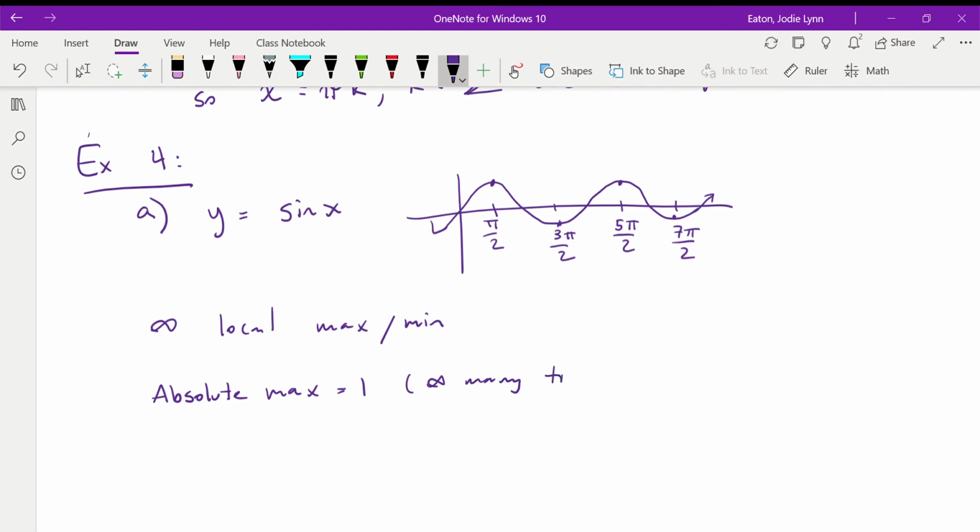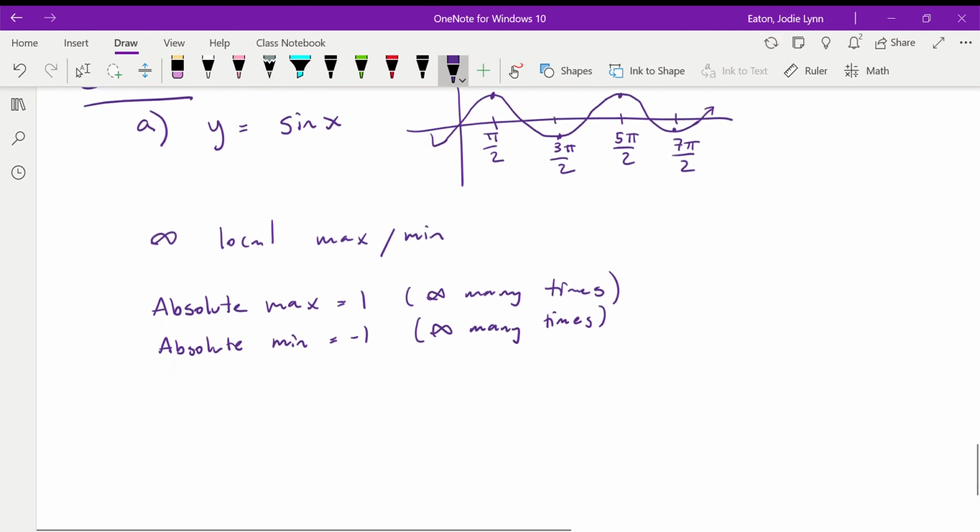Infinitely many times, and the absolute minimum is -1, and it also hits that infinitely many times. So an absolute minimum is not necessarily unique. It just has to be the lowest value.